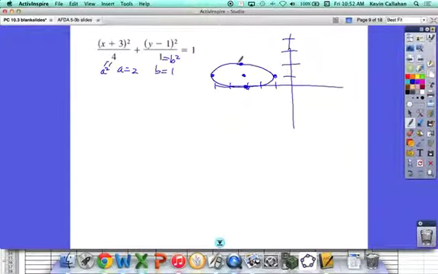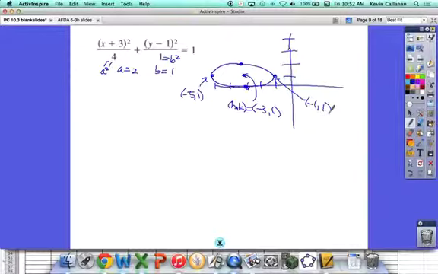Now I can label some of these points. The center, h, k, equals -3, 1. The vertex is -5, 1. This vertex is -1, 1.